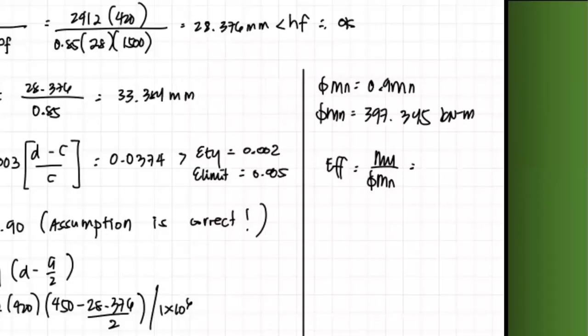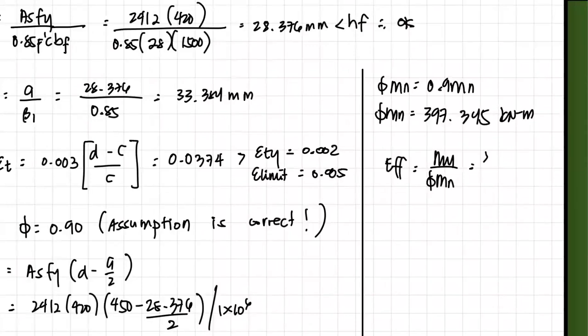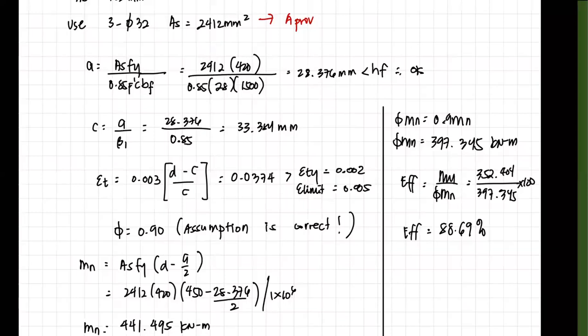So we have 352.404 divided by 397.345 times 100. Our efficiency is 88.69%. Okay, which is okay.